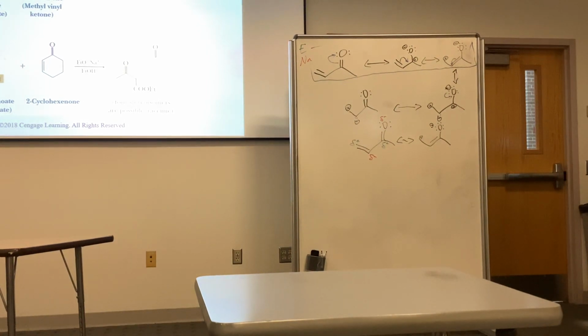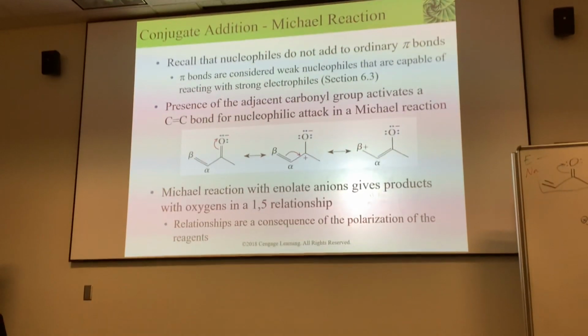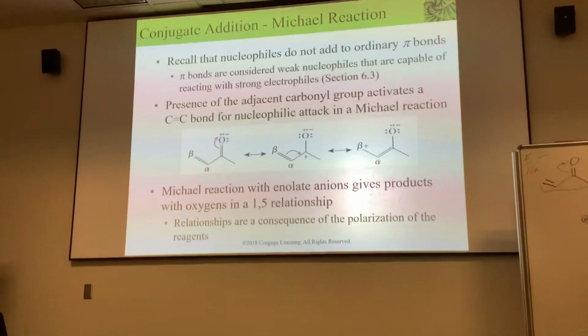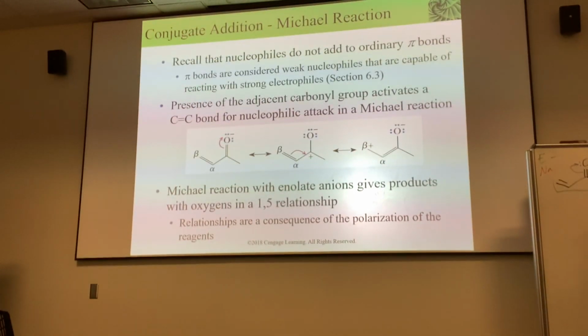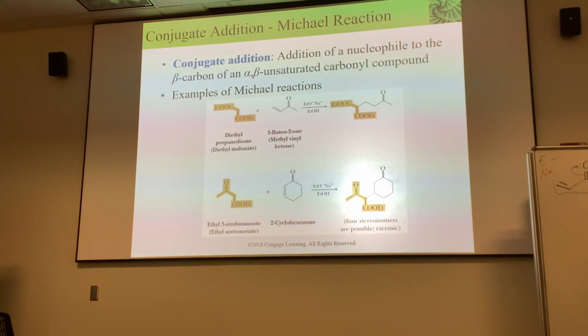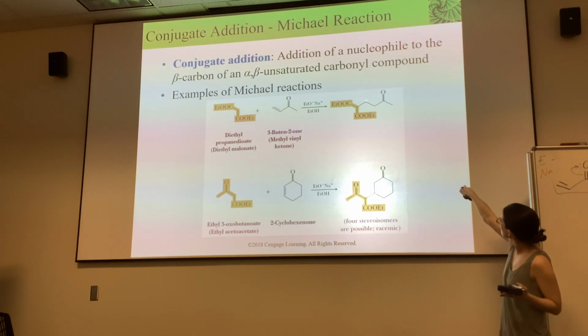Okay, and these are examples of microreactions. I'm going to talk about what happens, and you'll see what happens. So microreactions with enolate anions give products with oxygens in a 1-5 relationship. 1-5 being, let's see, 1, 2, 3, 4, 5.